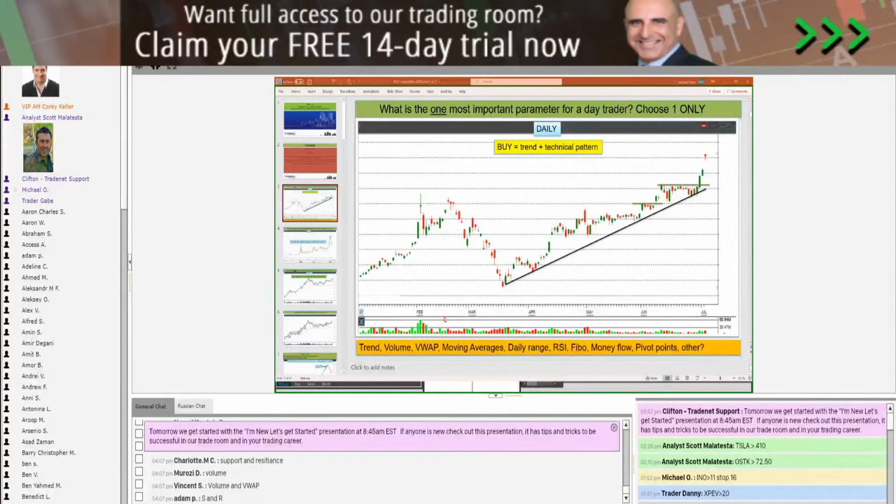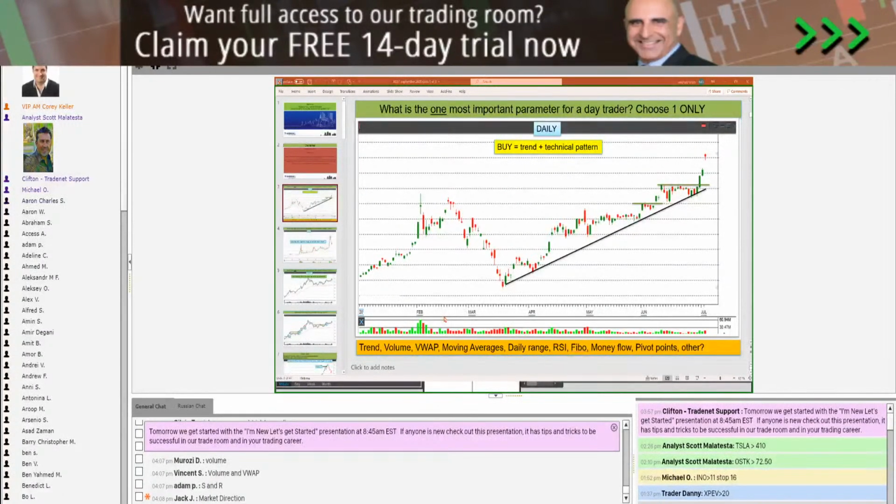So it's either volume or VWAP. It cannot be VWAP. VWAP is not, let's face it, the one most important parameter for a day trader. That's for us as day traders, it cannot be the VWAP.